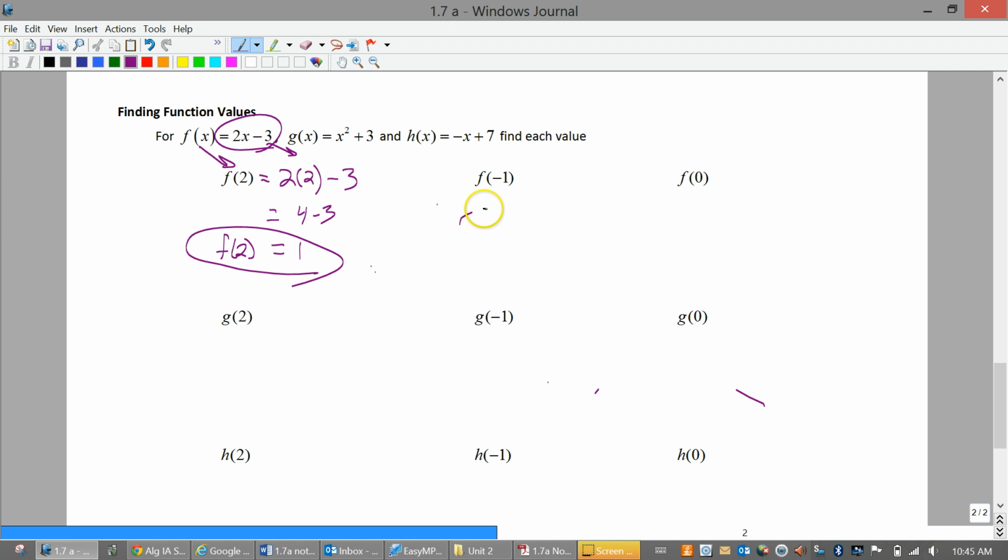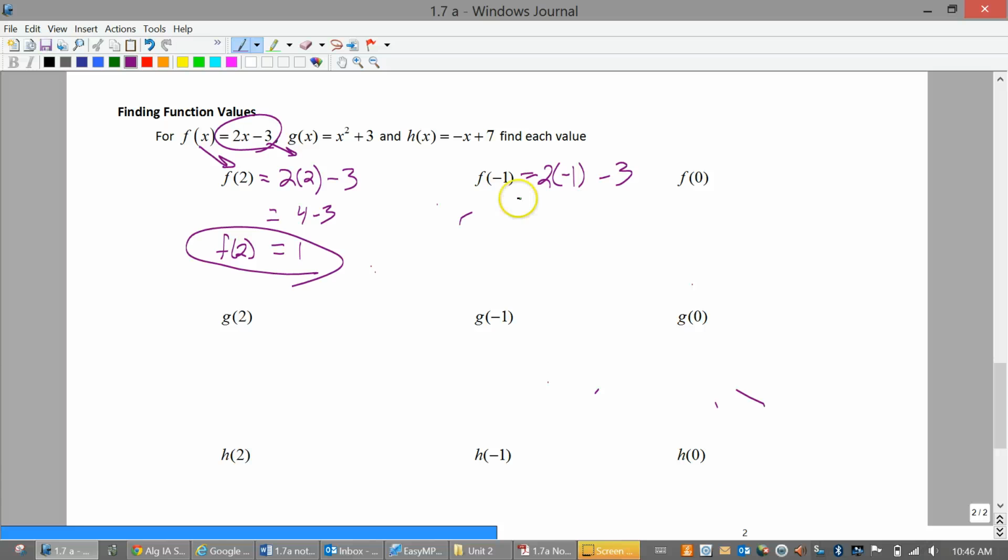Function machine f can do the same thing to -1. Notice it's just x gets replaced by a -1. With me on that? So we're just going to replace the x in here with a -1. So instead of writing x, we're going to replace it with a -1. So the function machine f takes -1, it's going to multiply it by 2 and subtract 3. And we're going to determine what comes out after we do that.